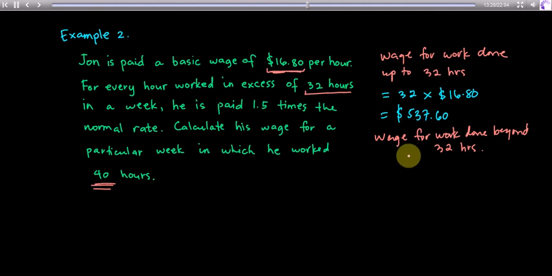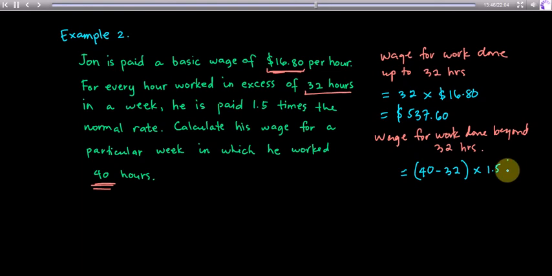So how could we do that? He worked for 40 hours in a week, so this is 40 minus 32, then times 1.5 of the basic wage.